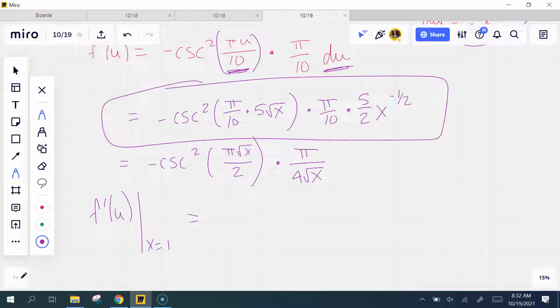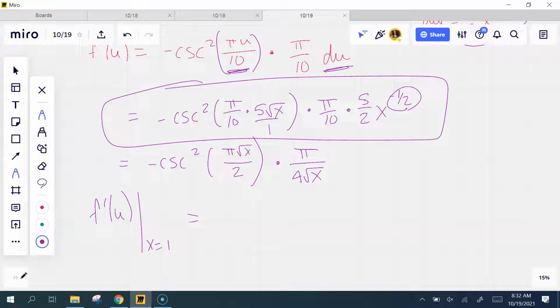Where are you confused? You multiply those, pi over 10 and 5 over 2x, and negative 1 half. You multiply that together. So this would give me 2 in the bottom, and then 2 times 2 would be 4, and because this is negative, it's down at the bottom.